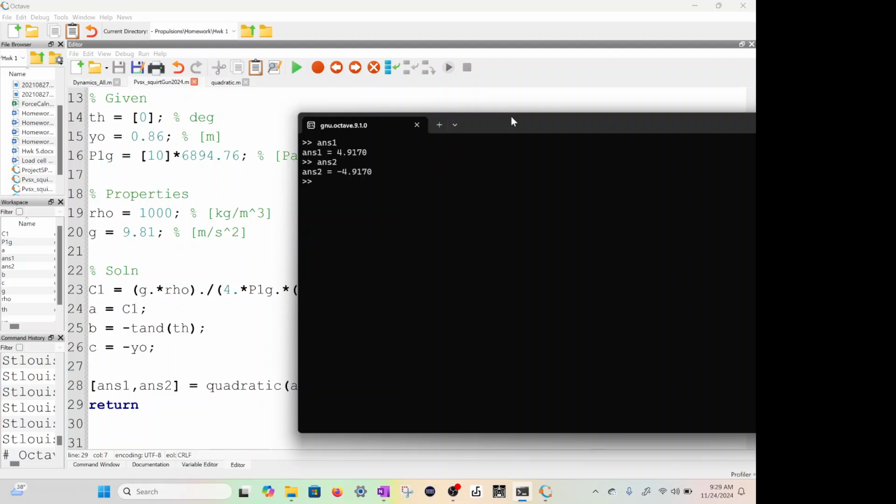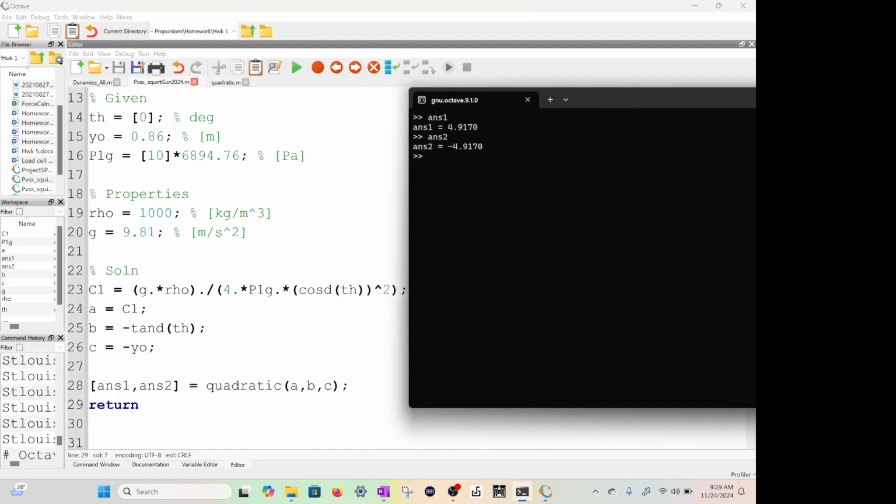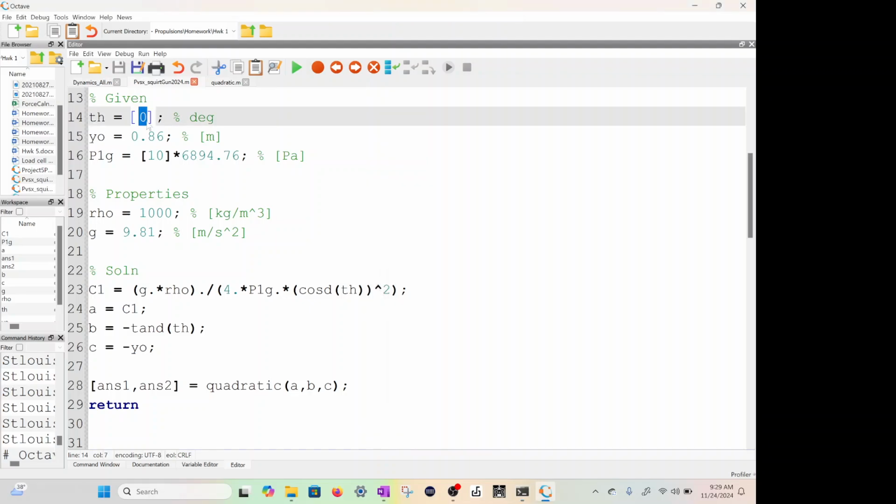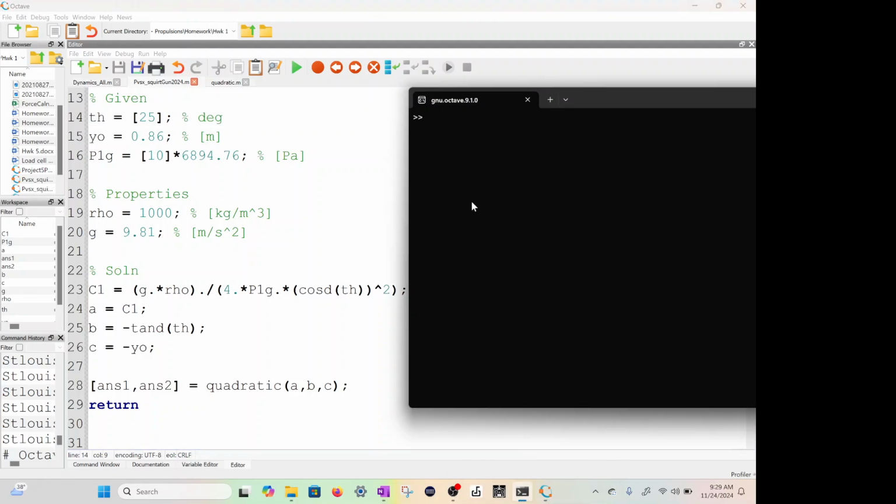And then I can change the pressures, the angles. So here's 25, just to make sure that it's giving me a reasonable value. So answer 1, answer 2. Okay, that makes sense. Answer 1 should be larger. Because you're shooting at 25 degrees, it should go farther than 0 degrees.